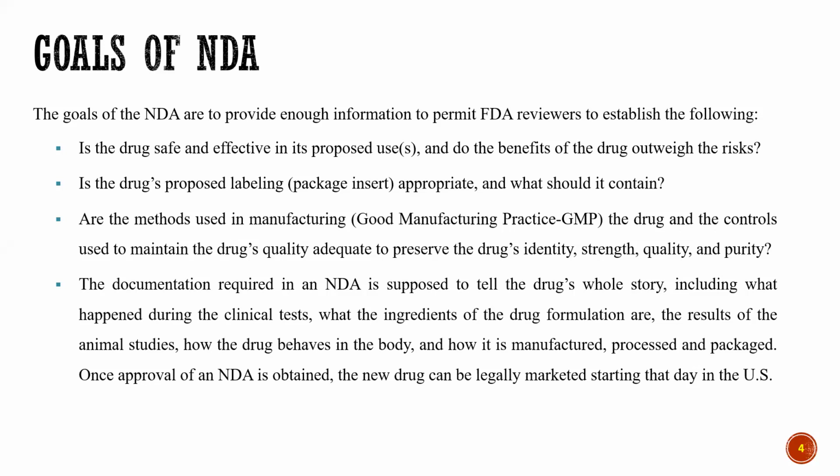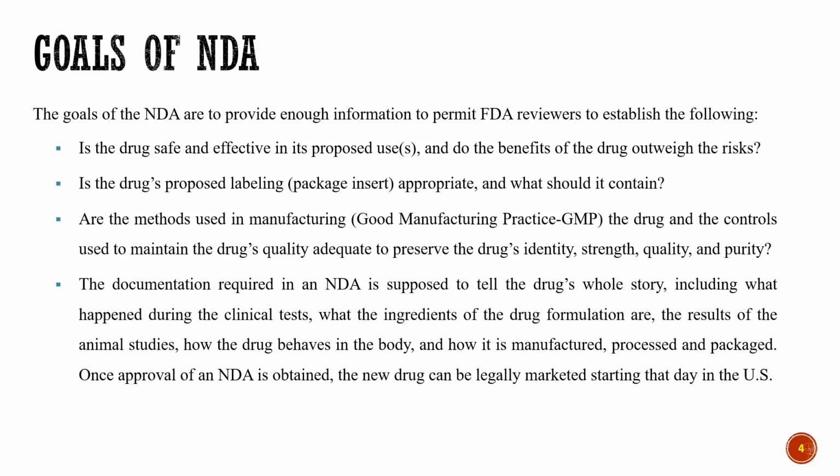First they'll check about the safety. And the second goal is: is the drug's proposed labeling appropriate, and what should it contain? Labeling means the package insert. We have two types of label. One label is pasted on the product.